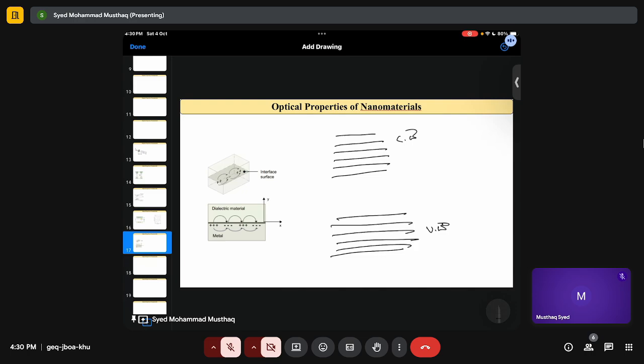Fermi level is, in probability terms, the most probable energy state or level where you can find most of your electrons in that system. It's like the most preferable energy level, where you will find most of the electrons. Okay, so that is about the Fermi level.